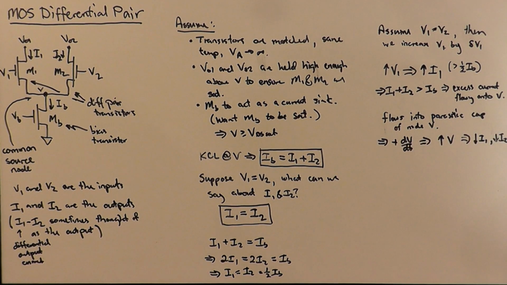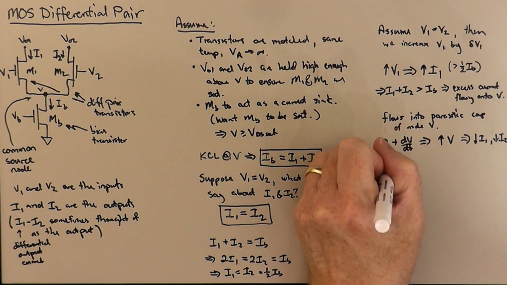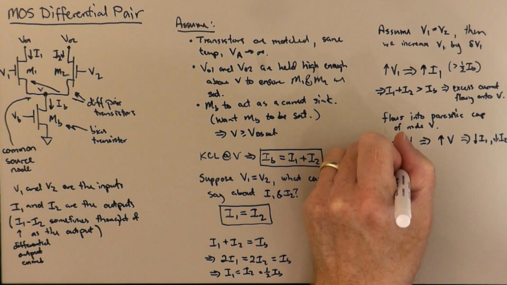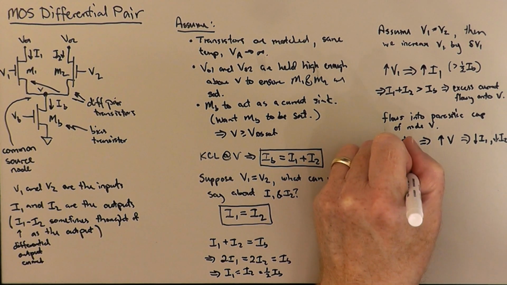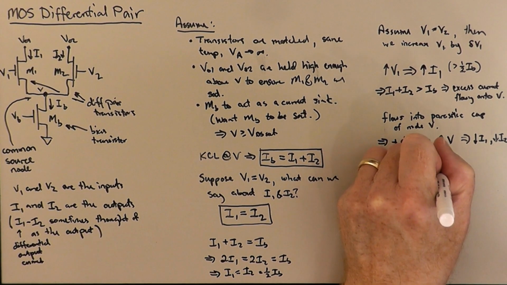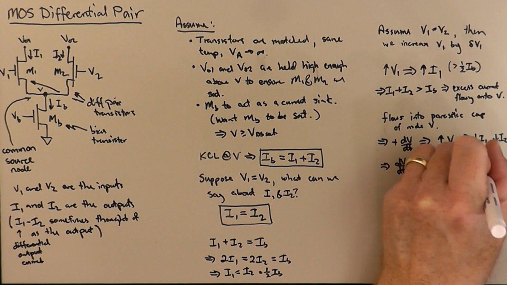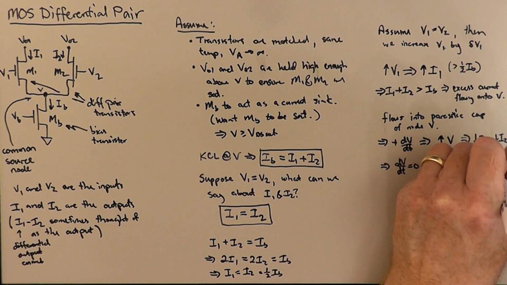So the question is, where is V going to stop? Where is dV/dt going to be 0? Well, dV/dt is going to be 0 when I1 plus I2 is equal to IB. So dV/dt equals 0 when the new I1 plus I2 becomes IB.